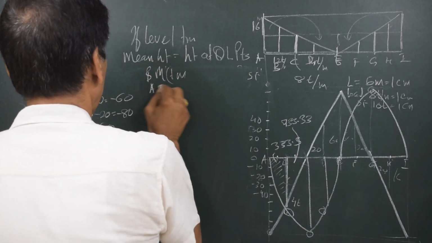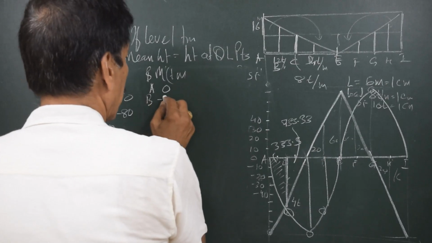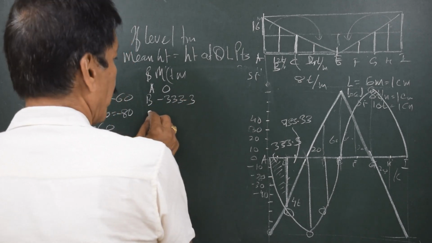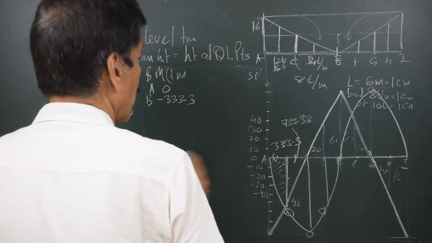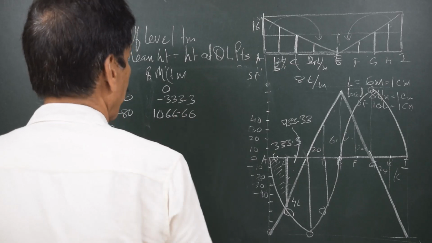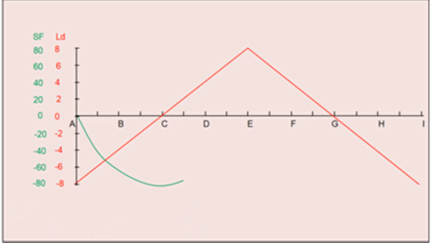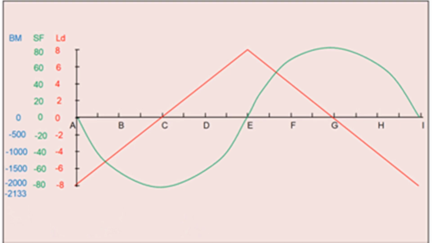Let us tabulate the bending moment, that is the tons meter curve. Right? At A the bending moment is 0 as usual. At B it is minus 333.3, and at C it will be minus 333.33 plus 733.33, that is 1066.66. And now to 1066, I have to add 733.33.